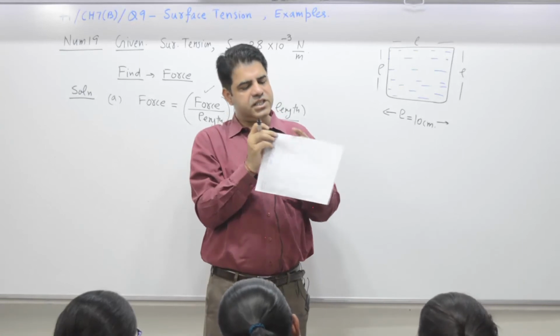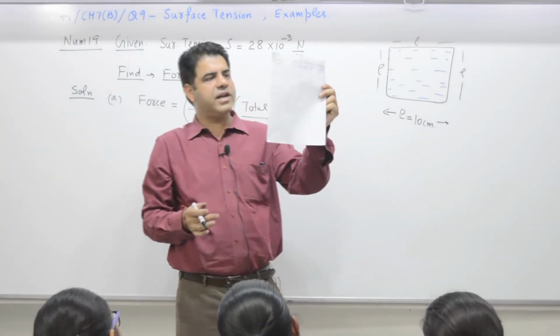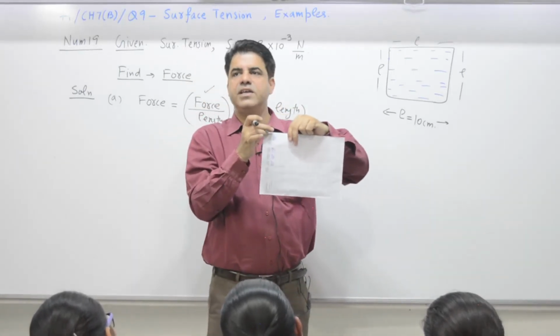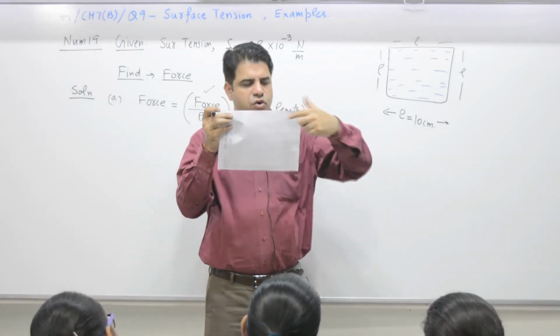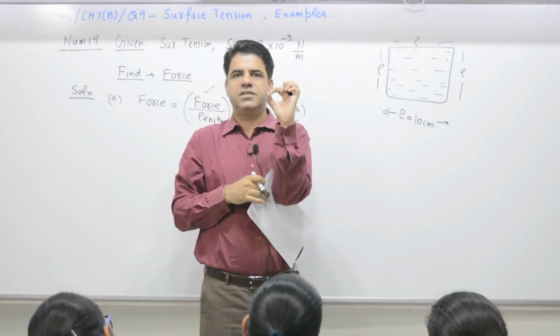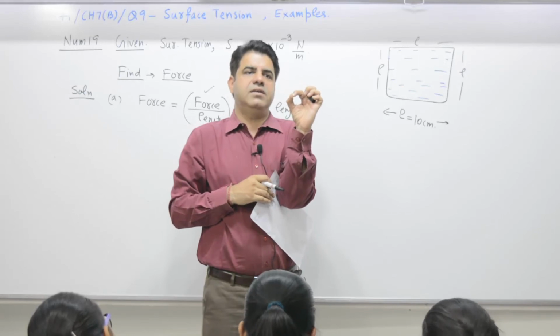Total length, it is this part which is effective, this part also which is effective, the way you can write on both sides. Similarly, it is a film, it has a thickness of 10 angstrom. So the free surface area as seen by you is 4L, and the other side also. For a ring, 2 pi r on one side and 2 pi r on the other side.